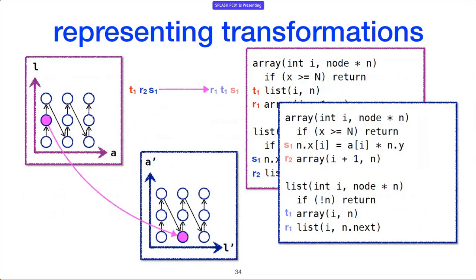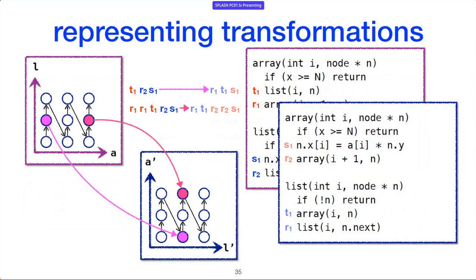This pink thing turns from T1 R2 S1 to R1 T1 S1. Don't worry about the details, that's the transformation that needs to happen. Similarly, I can think about the new name that I need for the other pink iteration. I should use better colors. But fundamentally, what we're doing here is we're rewriting one word into another word as part of this transformation. We're taking one sequence of symbols and turning it into another sequence of symbols.